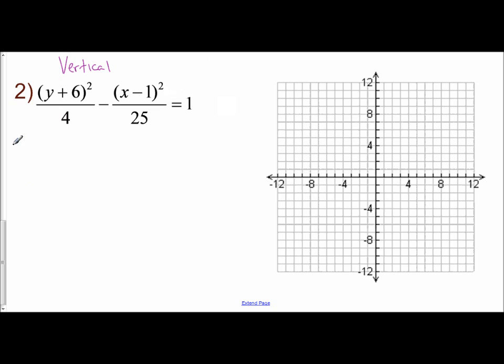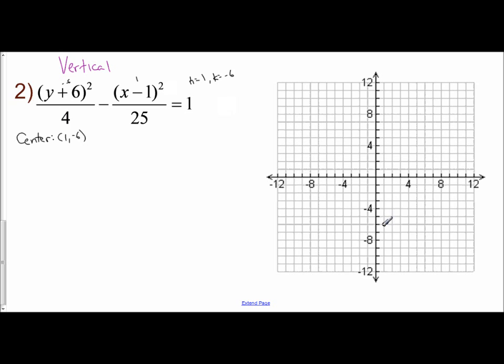Again, the first thing I do is identify my center. The center is the coordinate h, k, so here we can see that our h is 1 and our k is negative 6. So 1, negative 6. I can plot that, 1, negative 6.